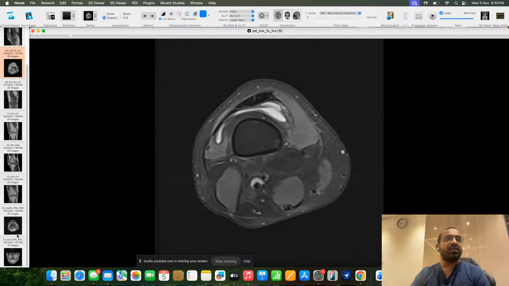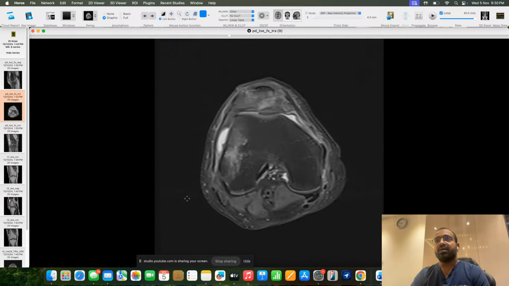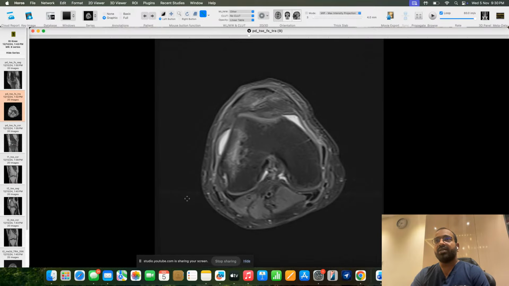And the second thing we need to do here is measure the sulcal depth. If you see, this is the trochlear sulcus. I am drawing a line across and measuring the sulcal depth. It's almost 3 mm. Recent studies say 3 or more than 3 is the normal sulcal depth.